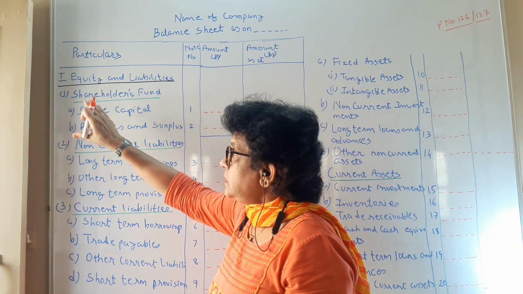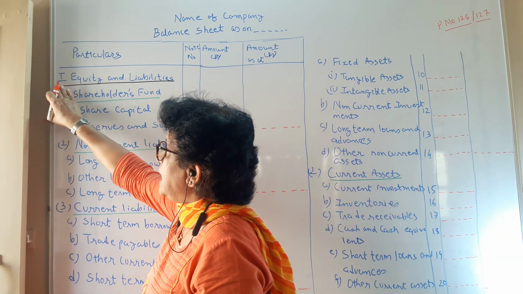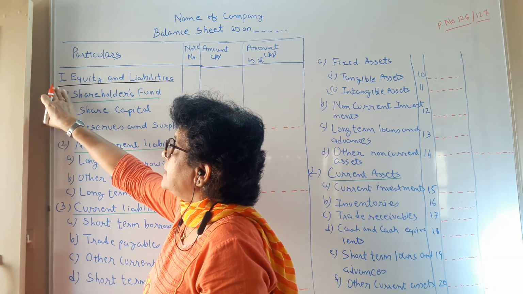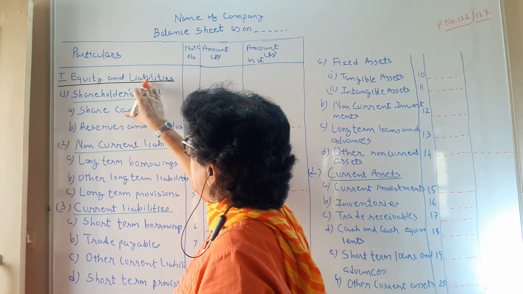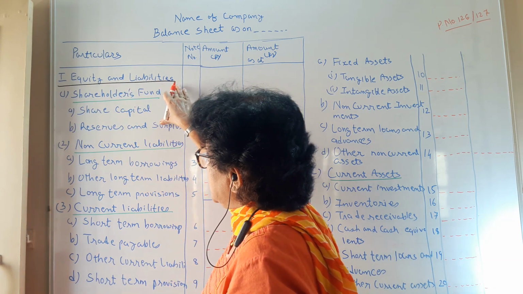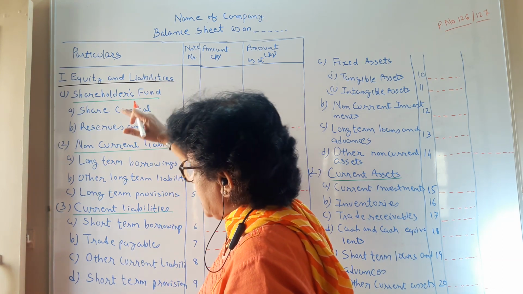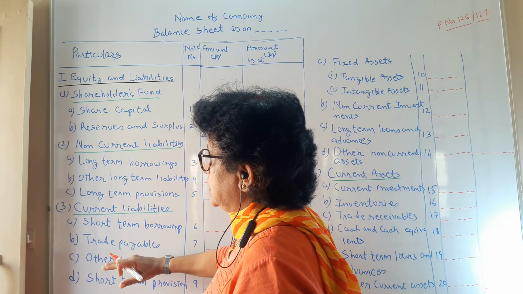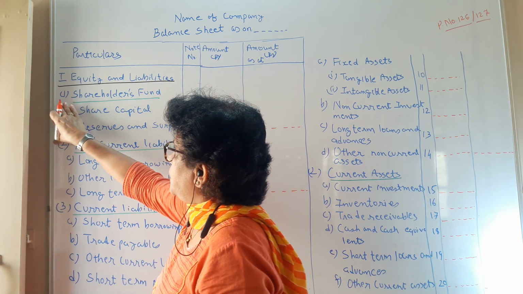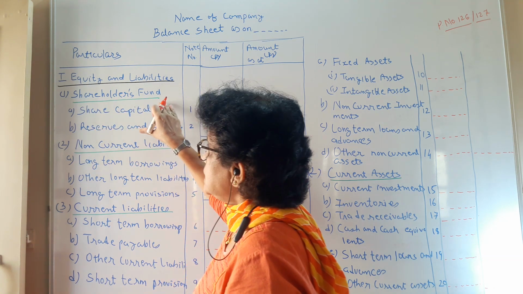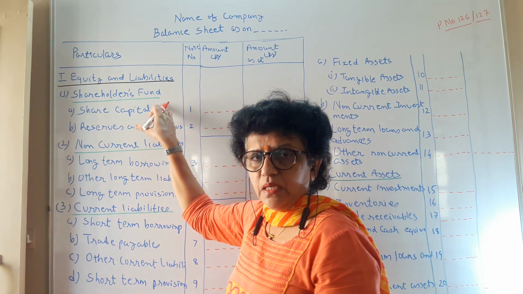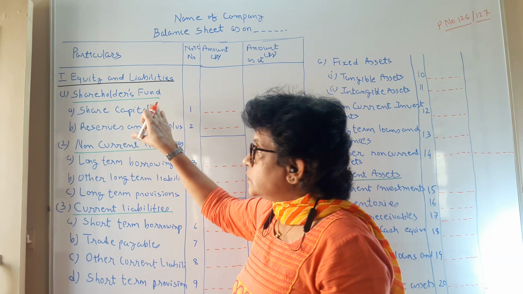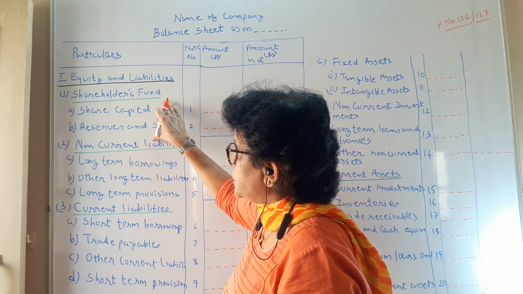So the very first title, the first item on the liability side, is the equity and liabilities. Now these equity and liabilities have three sub points. The very first sub point is the shareholders fund. Equity belongs to the shareholder. So what is the shareholders fund?